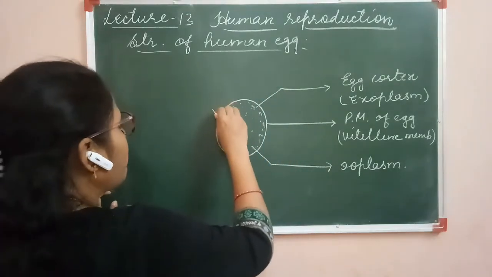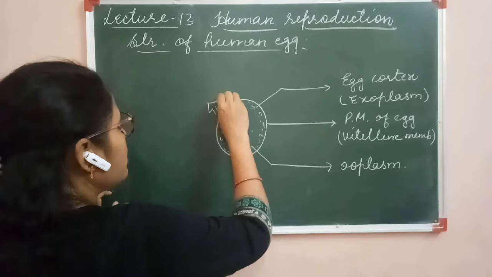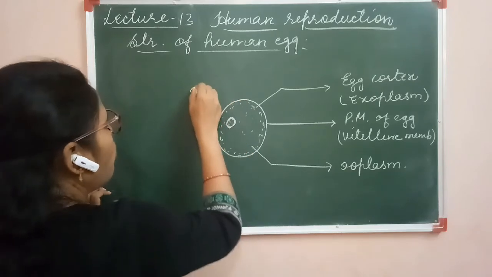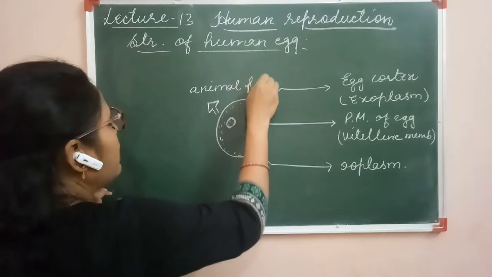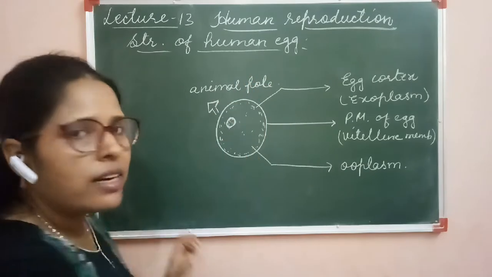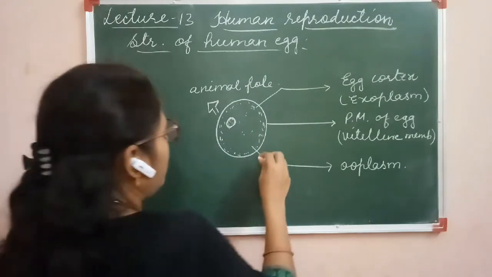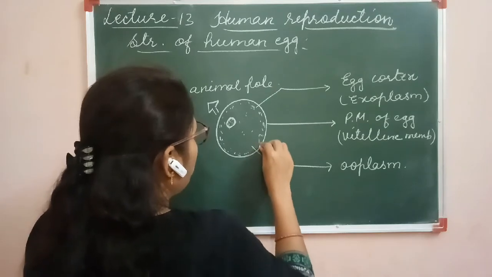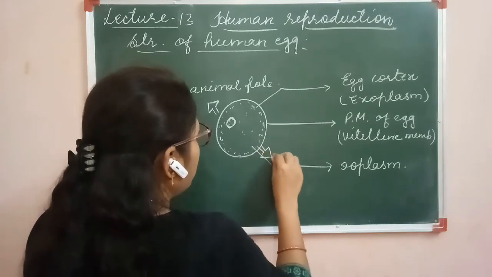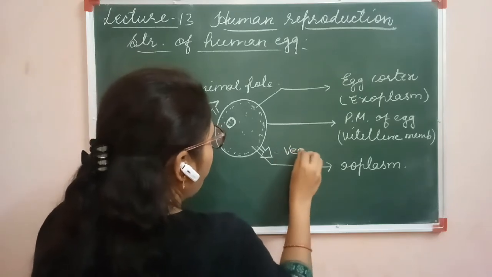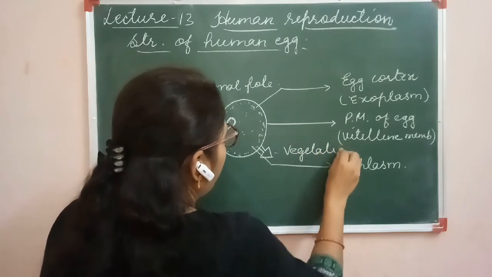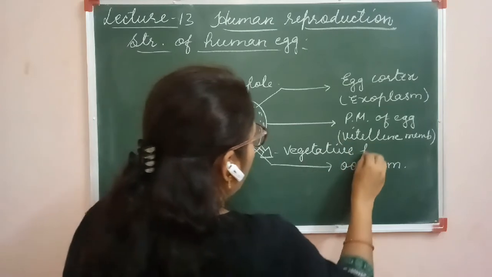The pole at which the nucleus is present is called the animal pole, and at this side the sperm enters the egg, and the opposite pole is called the vegetative pole.